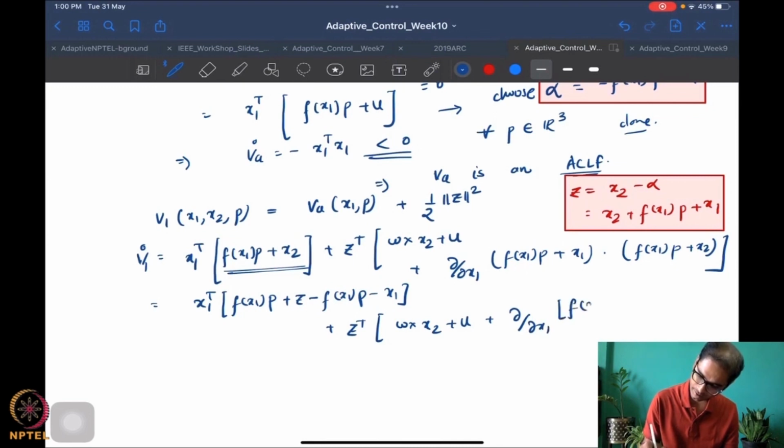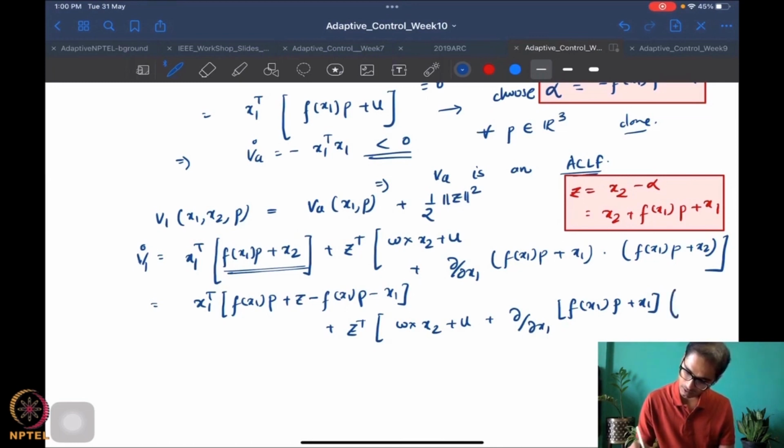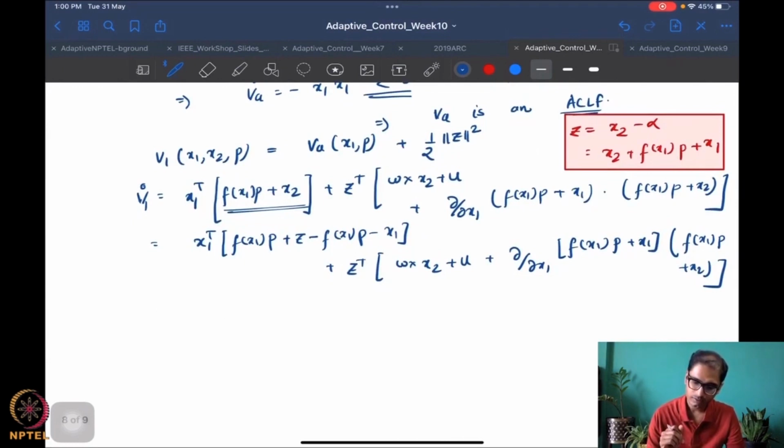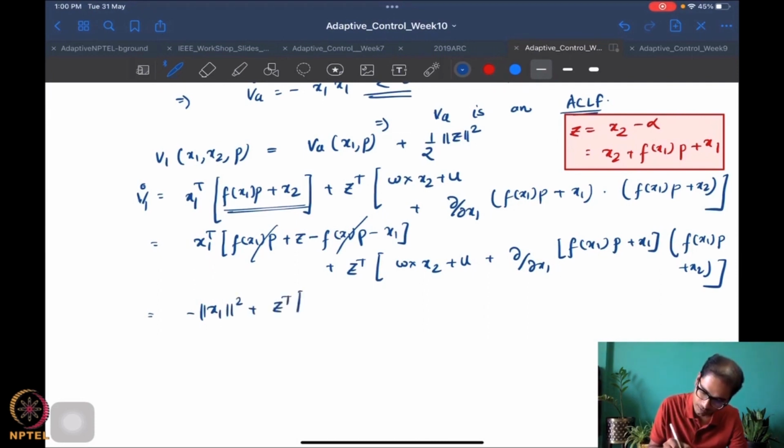Again, I'm writing this as the whole thing times x1 dot, and this is basically just going to cancel out these quantities. I'm going to be left with minus norm x1 squared plus z transpose, and this quantity will come inside this bracket.